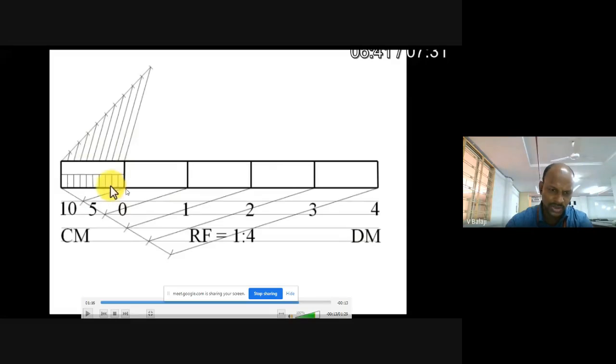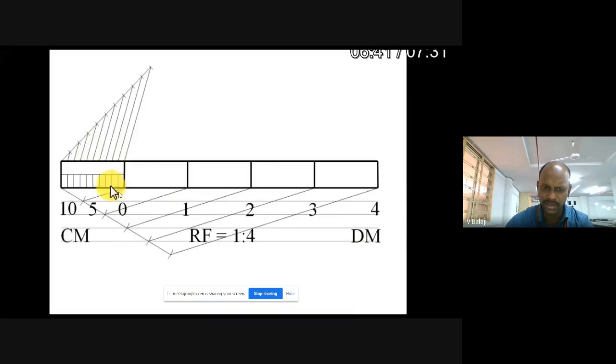So 0 here, 1 centimeter, 2, 3, 4, and this is 5. Here it is mentioned 5. And 6, 7, 8, 9, 10. 10 centimeter means one complete decimeter, right? Now, in this way you need to subdivide the first part also into 10 equal divisions. Each division represents 1 centimeter. Am I clear?